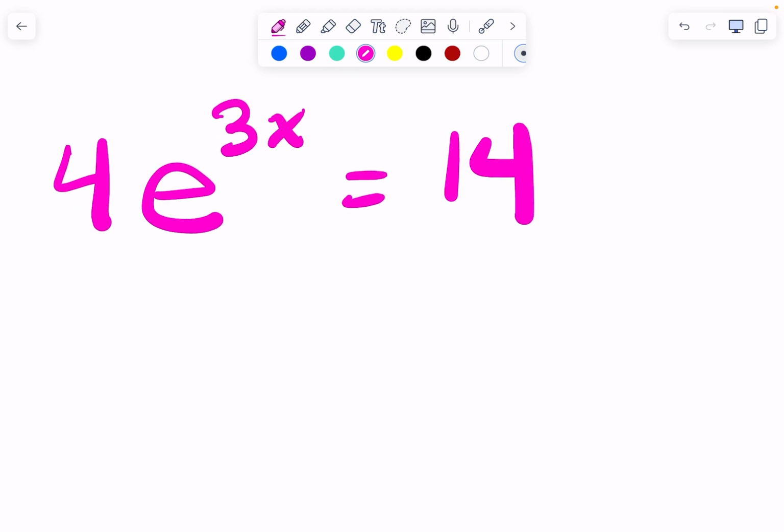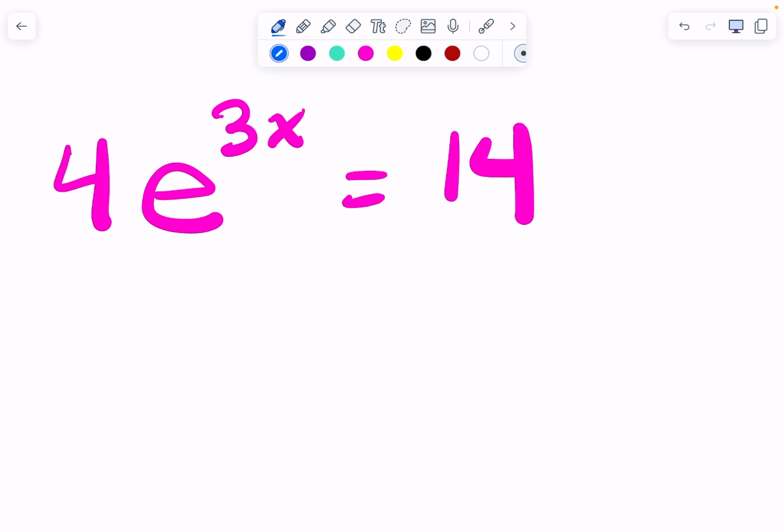Are you working on this one? Yeah, same. ln. I don't know what the correct answer is, but your work is correct. 0.4176, something like that. All right, Jace, are you lost? That's not what they got.